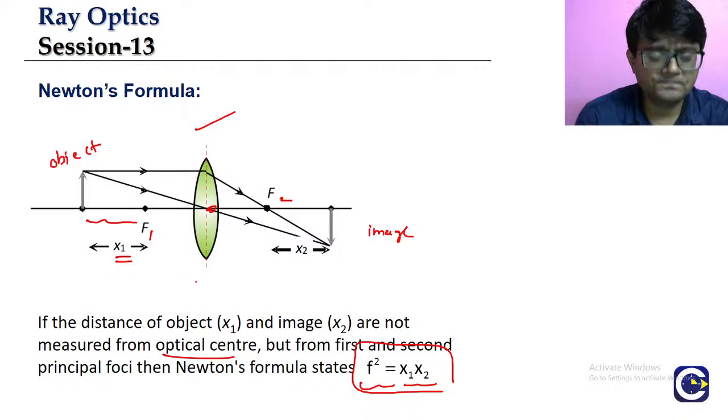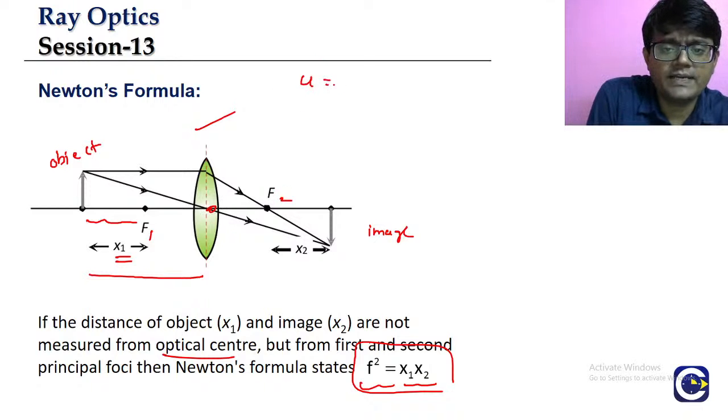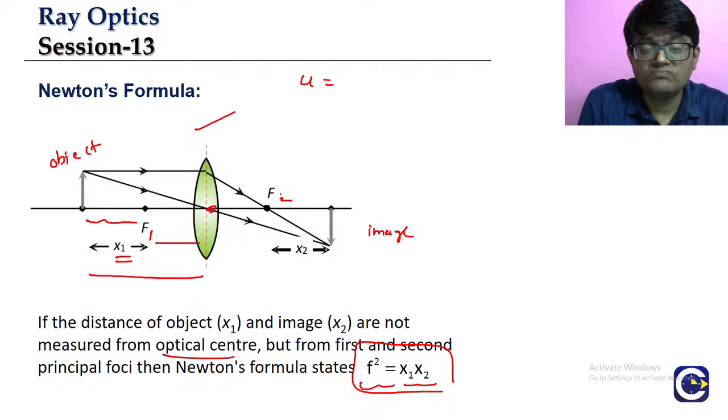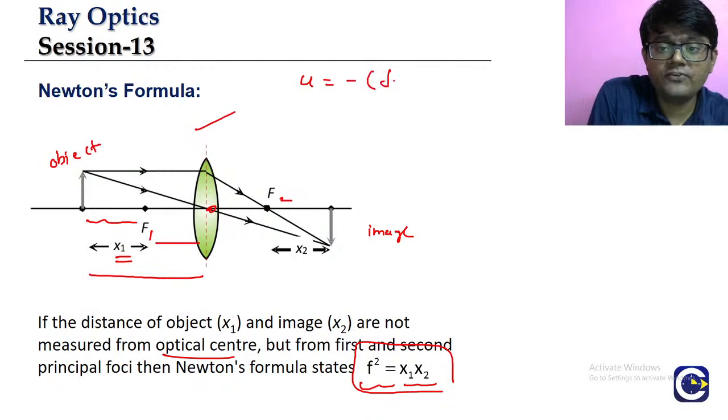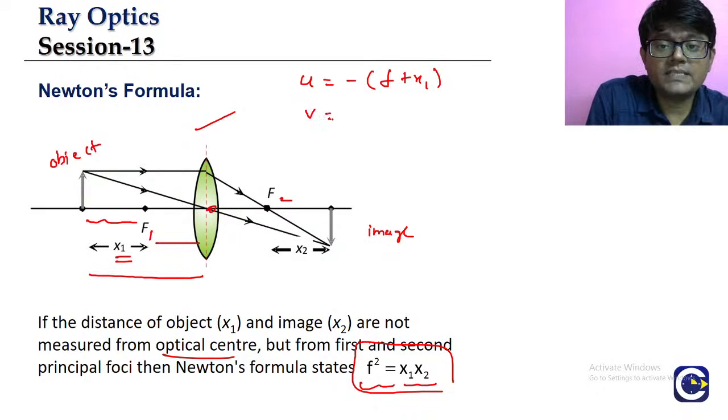The distance of the object from the optical center we will refer to as u. So u will be minus of f plus x1, as we are measuring it to the left side. V will be f plus x2.